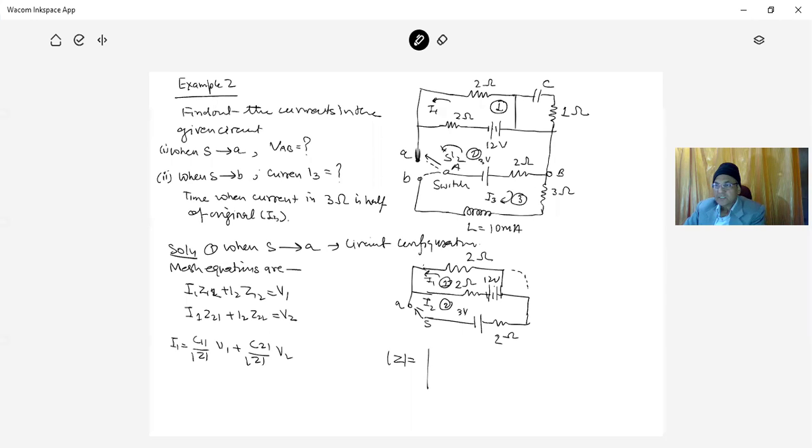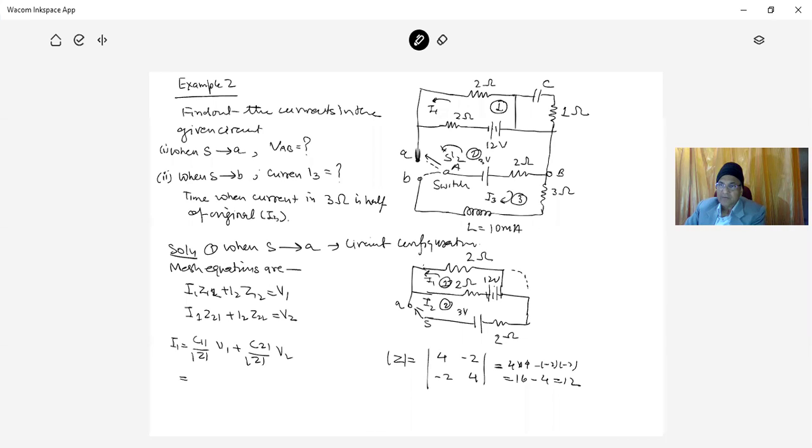Z11 means the total value of the resistances, that is 4. Here minus 2, here minus 2, and this one is 2 plus 2, again 4. So its value is 4 into 4 minus 2 into minus 2, so this is 16 minus 4, that is 12.